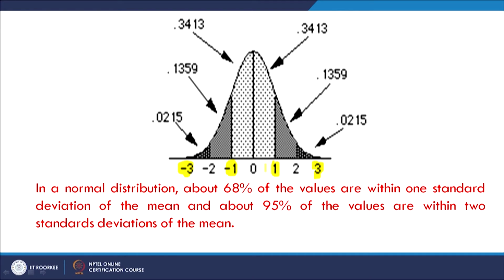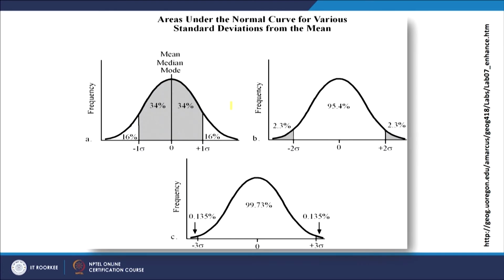In a normal distribution, about 68% of the values are within one standard deviation, and about 95% of values are within 2 standard deviations. So if this is the one standard deviation scenario, 34% of values are on the left side of the mean and 34% on the right side.